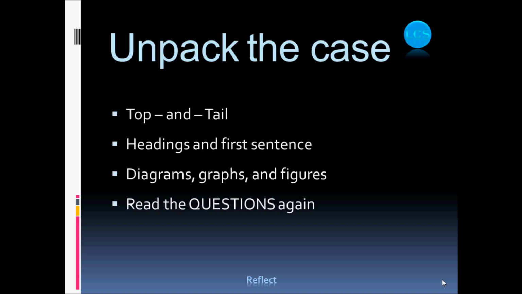And then at this point, we pause. We reflect and we read the question or questions again to refresh our memory and to prepare us for a detailed analysis of the case, taking notes of those data and facts that we need to solve the case question or questions.